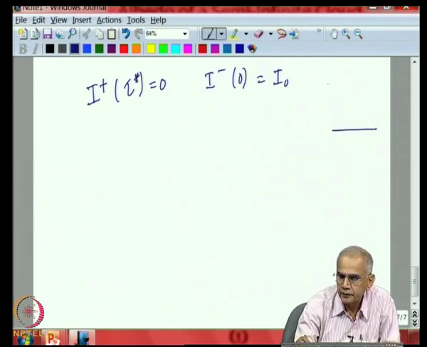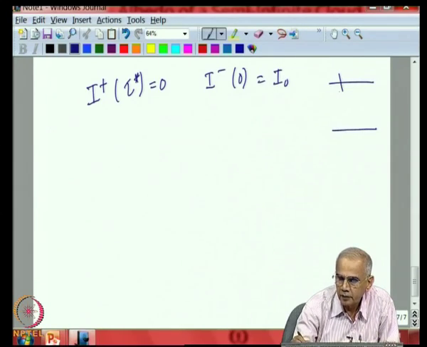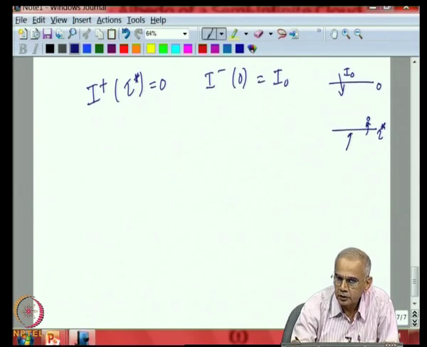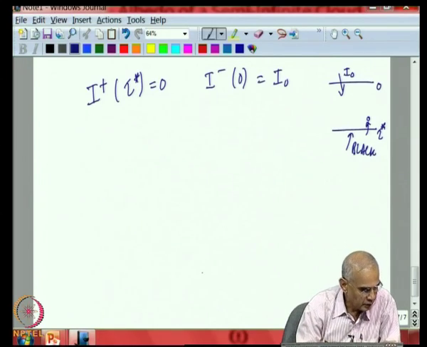Essentially, what we are saying is we have two plates, we have I 0 coming in at 0, and at tau star there is no reflected radiation, because this is black.